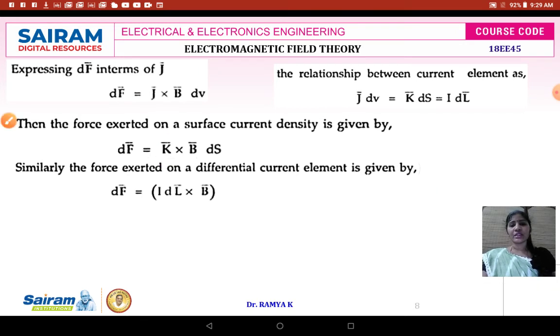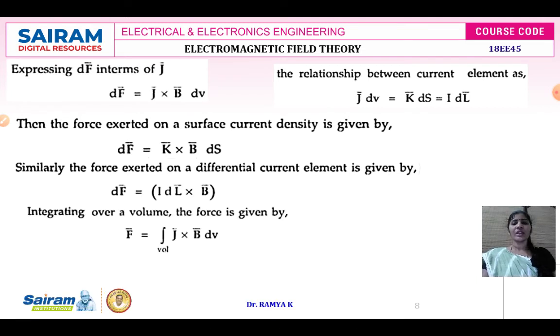When you are considering the differential force on the current element, it is given by dF is equal to I into dl cross product with B. This is going to be the general formula to identify the force on a differential current element. Integrating over a volume, the force is given as F is equal to the integral over the volume of space from this equation.